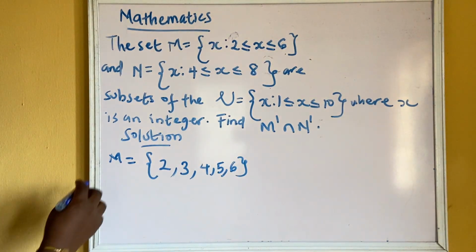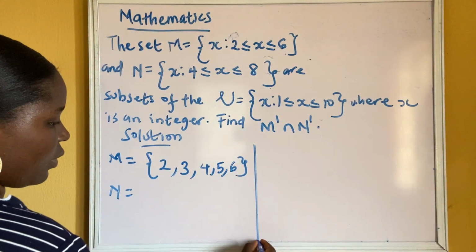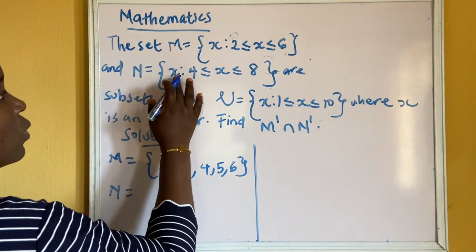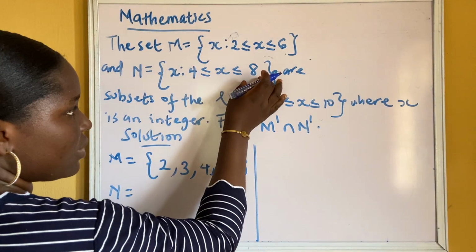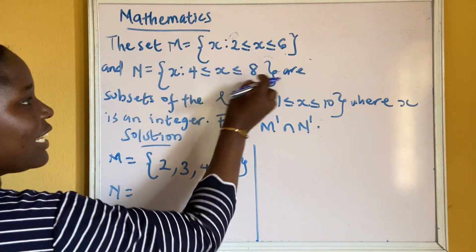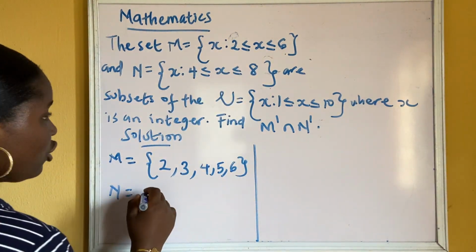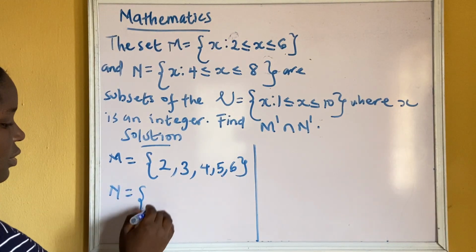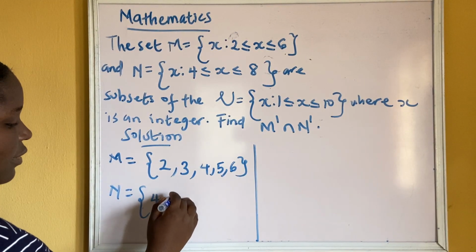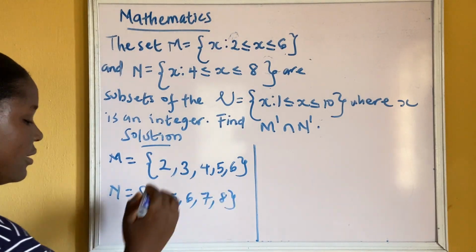Okay, so N now is equal to what? N is equal to x such that 4 is less than or equal to x less than or equal to 8. So that means x is from 4 to 8. That's what it means. So you start counting: 4, 5, 6, 7, and then 8.